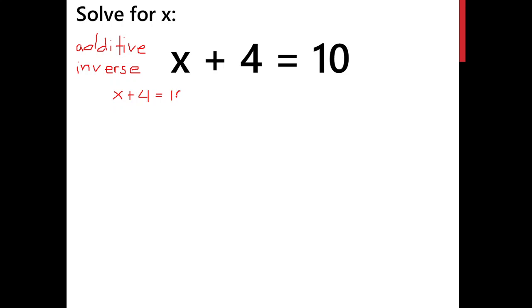So from the word additive inverse, we simply add the inverse of the constant because I want this constant to transfer here on the other side to combine with 10. So my constant is positive 4, then the inverse of that one is negative 4.